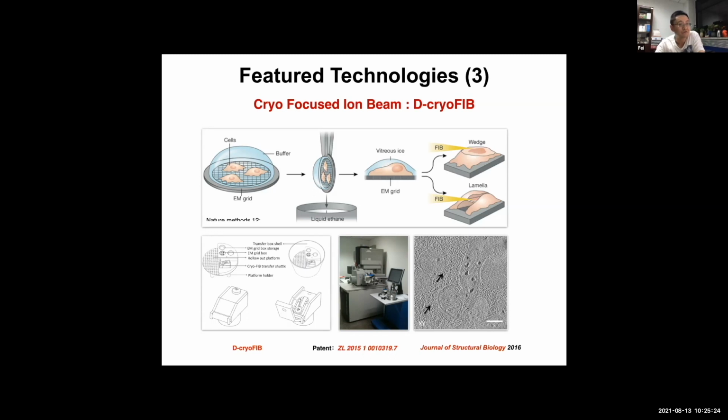And a couple of years ago, our center developed our own cryo-FIB technology. We call it D-cryo-FIB. We designed our own shutter and dual, and we achieved cryolamella preparation for a couple of cell samples.